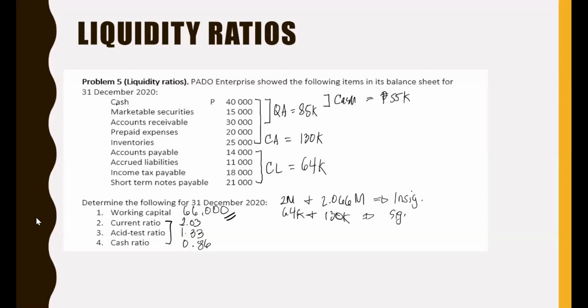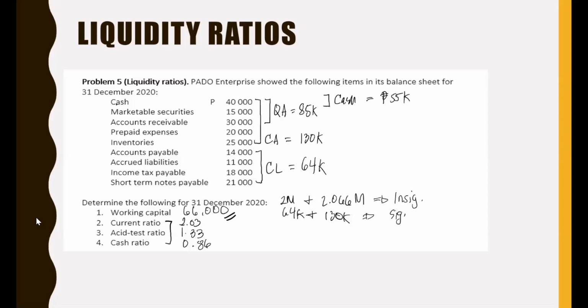So, number one, the company is indeed very liquid. Okay? So, they can easily convert their assets into cash to pay for these short-term obligations. However, imagine you have, let's say, a sari-sari store, then you have a petty cash of 5 million pesos. Okay?